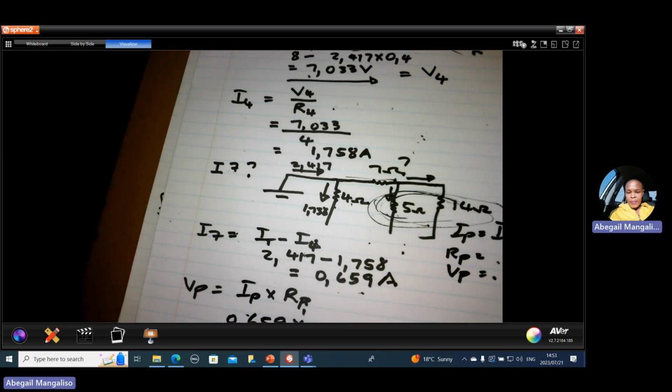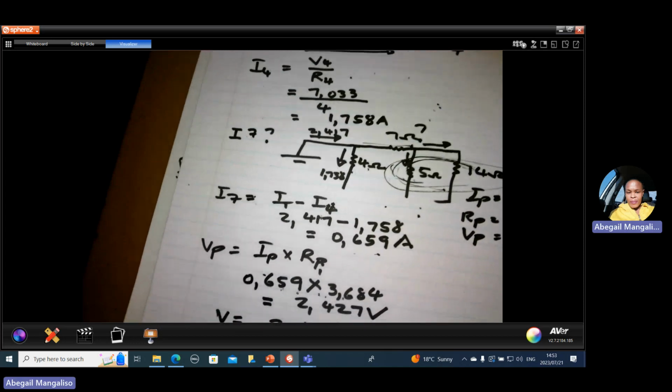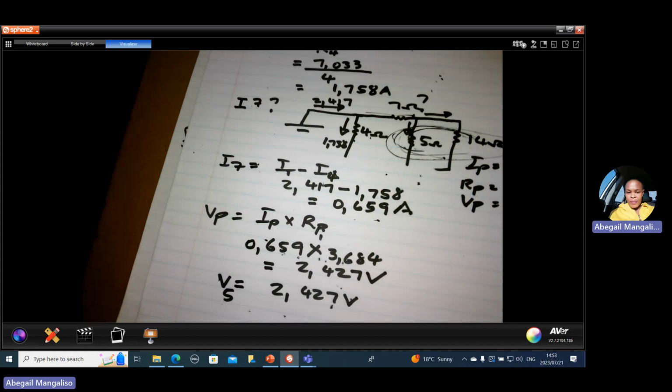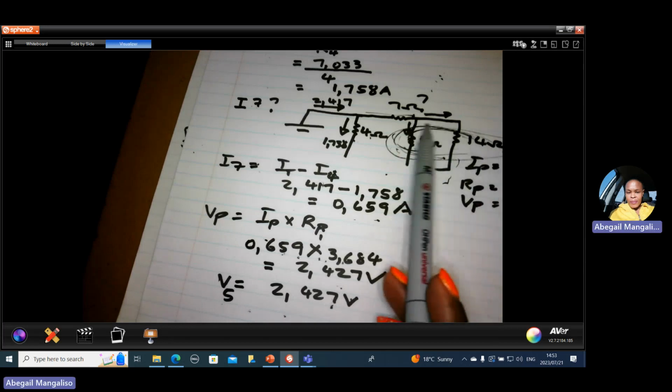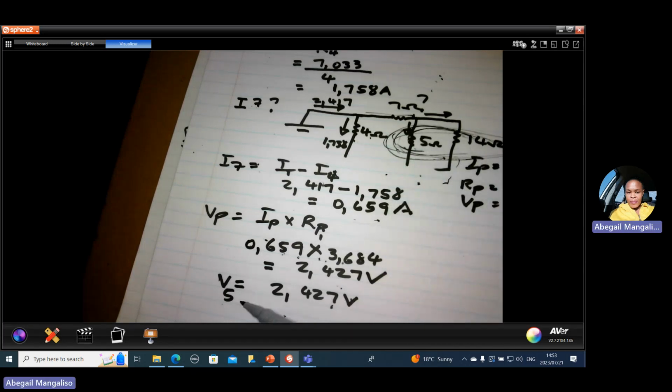This is how we calculate it. Voltage across, there is the final answer. V5 is equal to the parallel total. If resistors are connected in parallel, the voltage is the same. So once you get the total of this section, it is equal to V5. It is a lot of work.